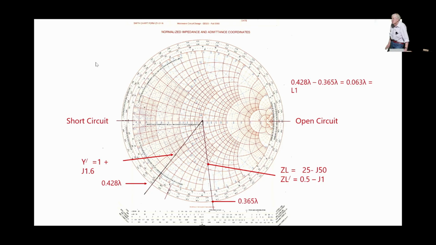Now, you won't be able to see it because you haven't got that chart, but it is there, and you're looking for that, because at that point you've actually got a match. All you've got to do then is tune out the capacitance or the inductance that you might have.